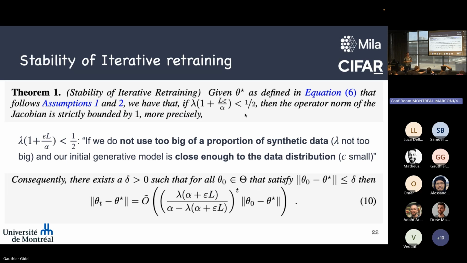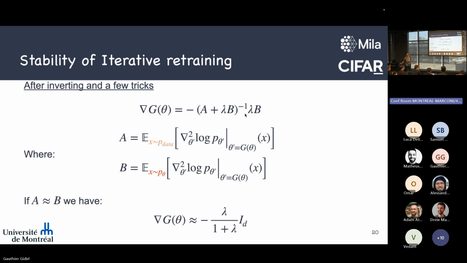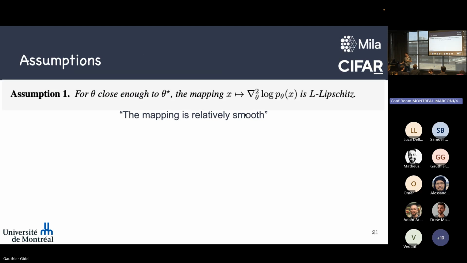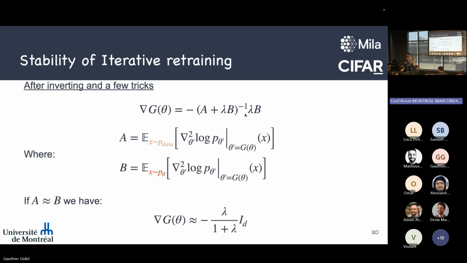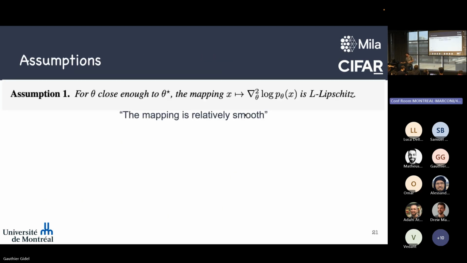Yes, Jens. Really quick. In your analysis, do you quantify the effect of A and B not being exactly equal? Of course. In the analysis, because we do a local analysis, what we will ask as an assumption is that this function of x be Lipschitz. So we want the Hessian to be Lipschitz with respect to x, and we will leverage this to do some perturbation analysis.